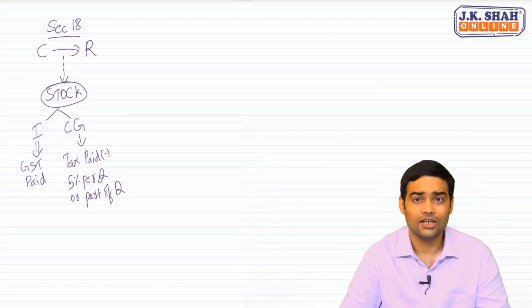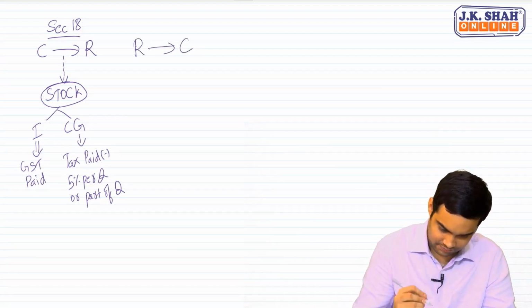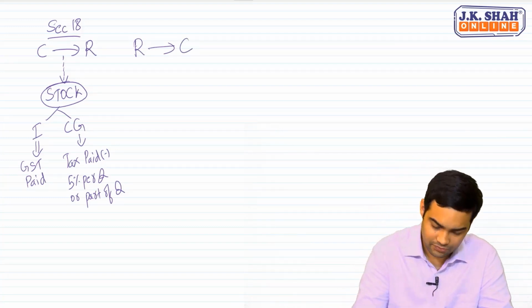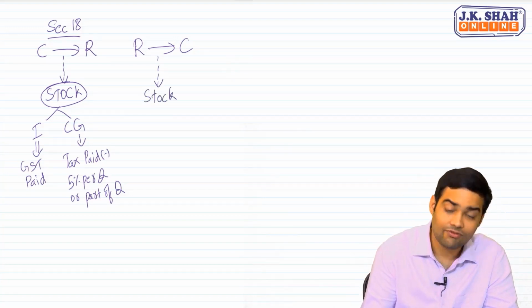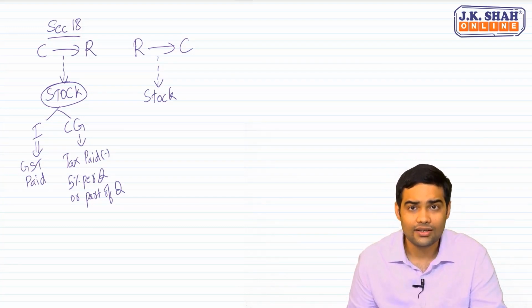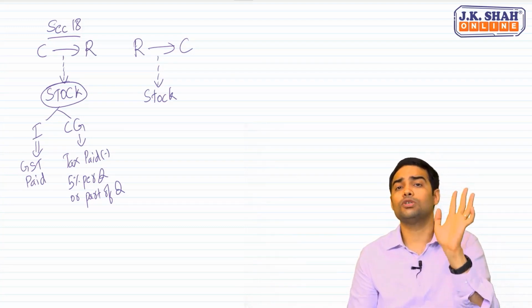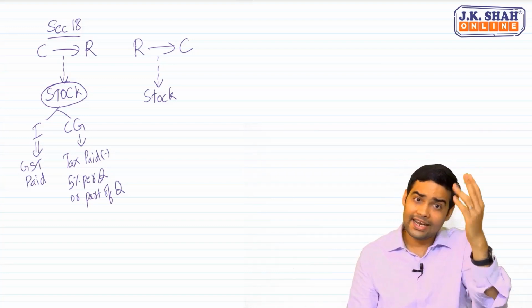Correct? Now imagine regular to composition. If a person moves from regular to composition on this stock, he will have to lose ITC because he had taken ITC while he was in regular. Now he is moving to composition. And remember, regular to composition is possible only on 1st April. Composition to regular anytime.